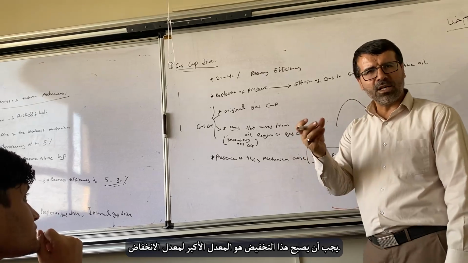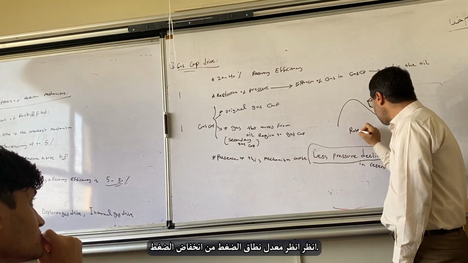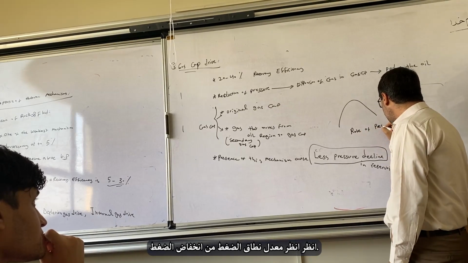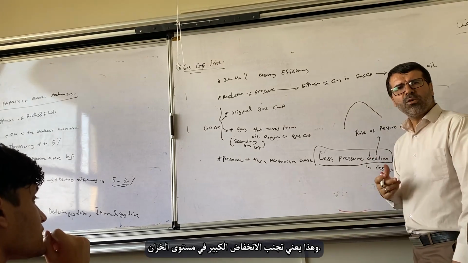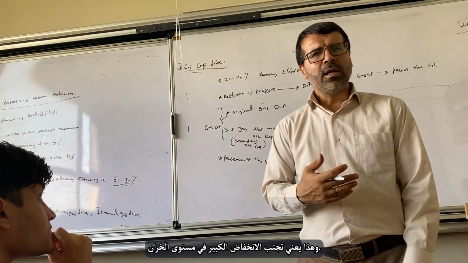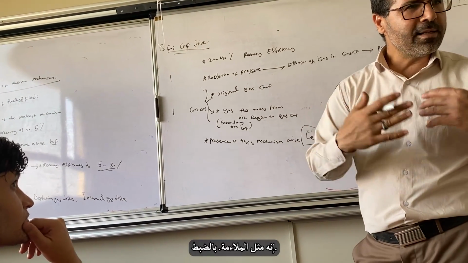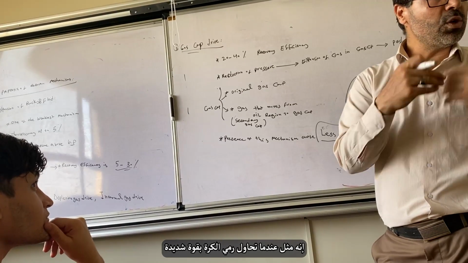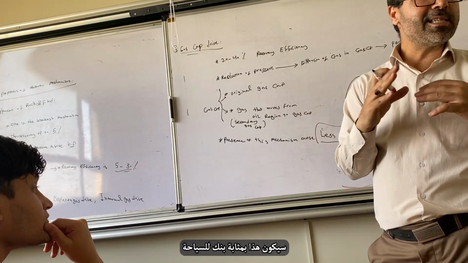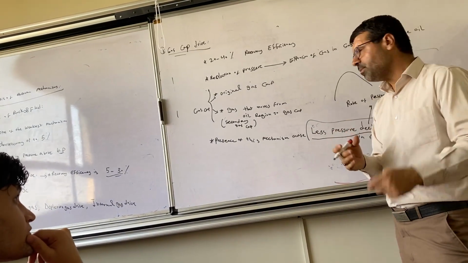Pressure decline means the rate of pressure drop. Pressure drop is called decline. So it avoids the very high decline of the reservoir. It's like an airbag. When you try to draw down very hard, this acts as an airbag of the reservoir, because it is exactly air.